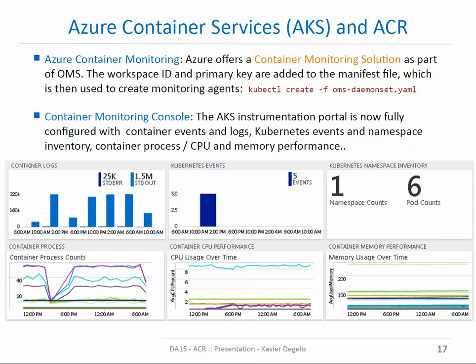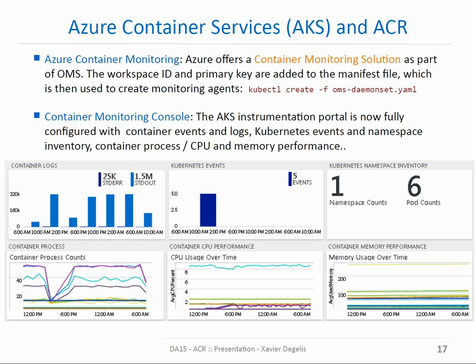Azure Container Services AKS also includes very sophisticated container monitoring. Azure offers a container monitoring solution as part of OMS. The workspace ID and primary key are added to the manifest file, which is then used to create the monitoring agent.